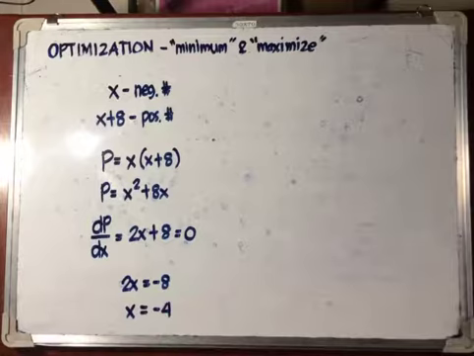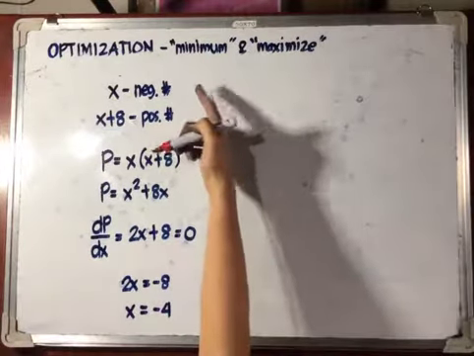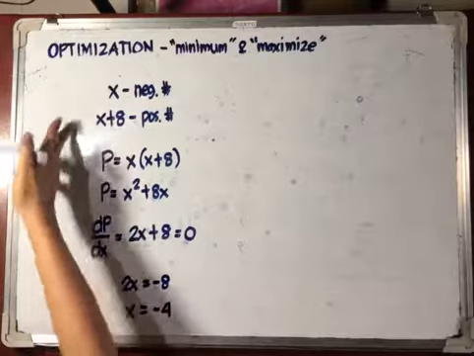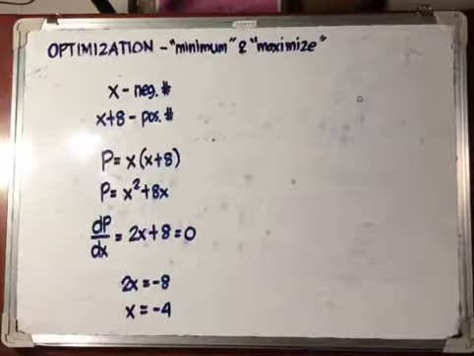Which is correct based on our assumptions, kasi ang x natin is a negative number. So kapag positive yung lumabas dito, baka nagkamali ka lang sa pag-designate mo ng variables mo. But since this is a negative number, ito na mismo yung hinahanap natin na value for x.